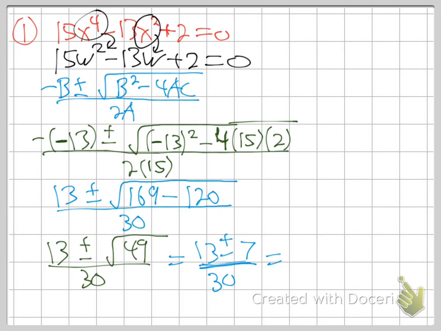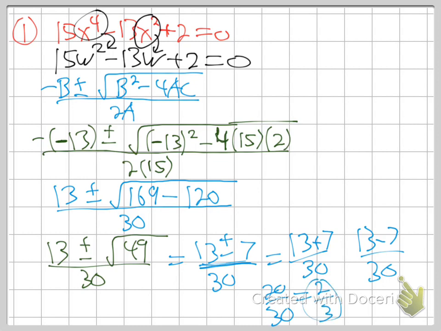What do you do with a plus or minus? You do the two different options, right? Remember that? So it's going to be 13 plus 7 over 30, 13 minus 7 over 30, which is 20 30ths, which reduces to be 2/3. And this is 6 30ths, which reduces to be 1/5.